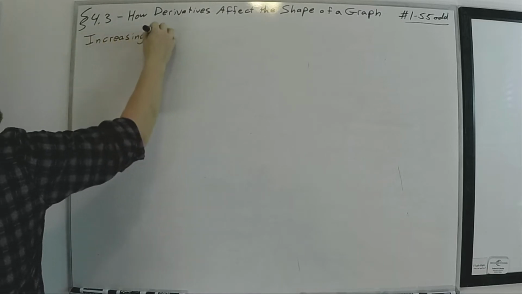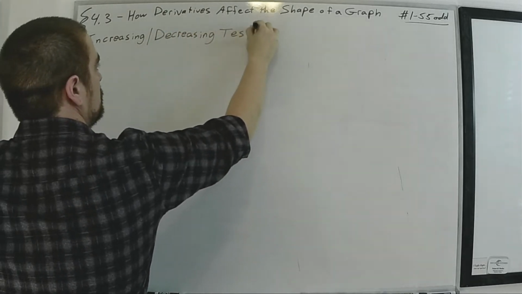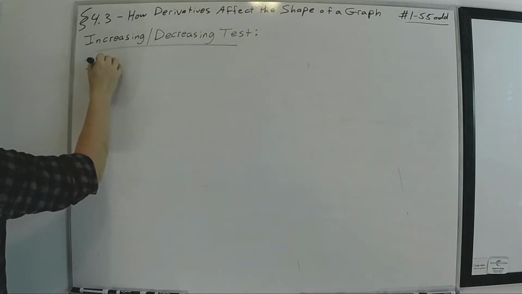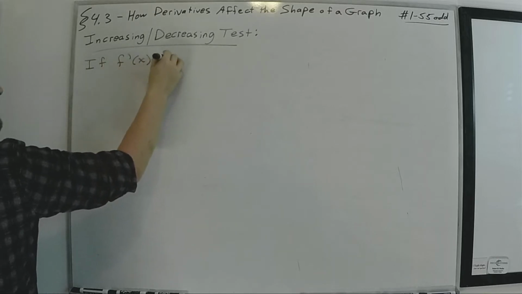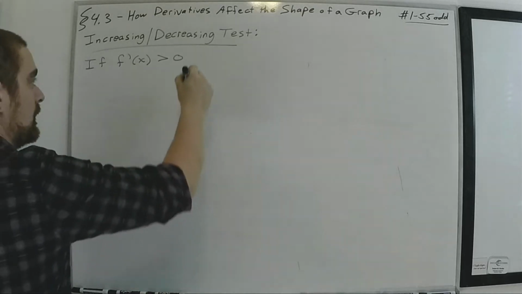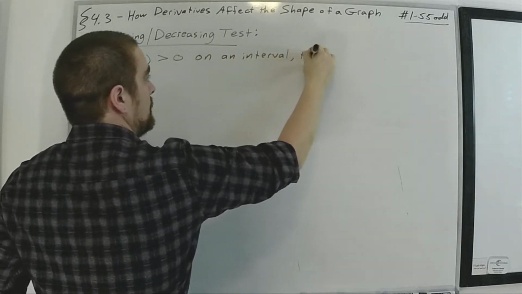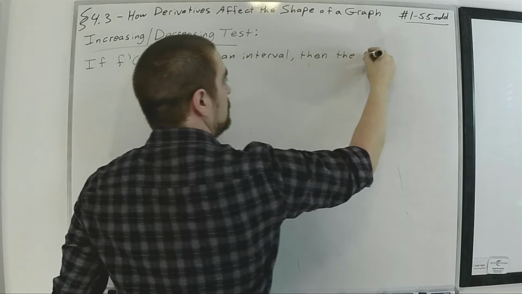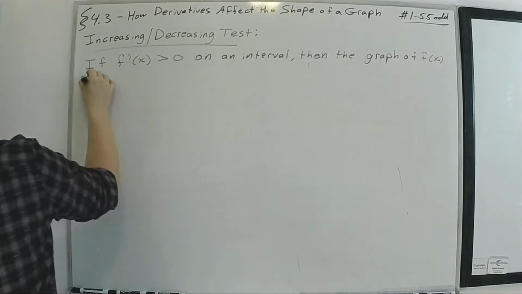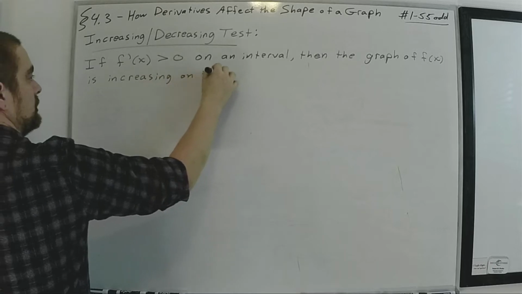what it means for a function to be increasing or decreasing. So we looked at the derivative, and we saw that if f prime, our first derivative, was positive on some interval, then the graph of f of x must be increasing on that interval.